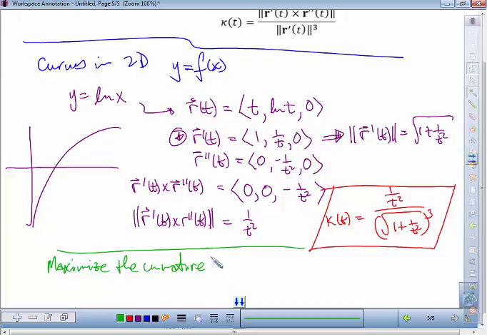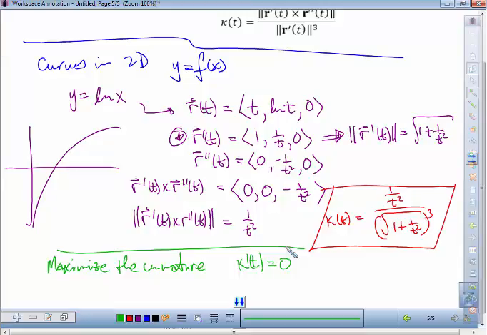Find the derivative, set it equal to 0. Remember that business? Maximizing, minimizing. So the curvature is what we want to maximize. So we basically find kappa prime of t equal to 0, and then check the first derivative test or whatever to make sure that that's your maximum.